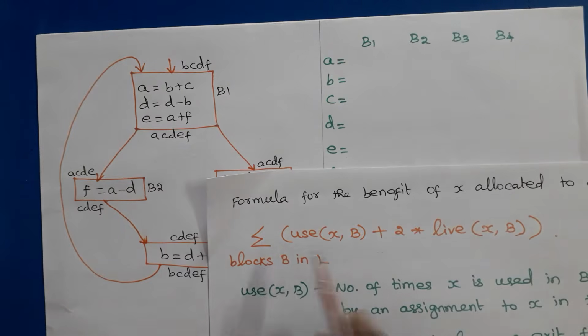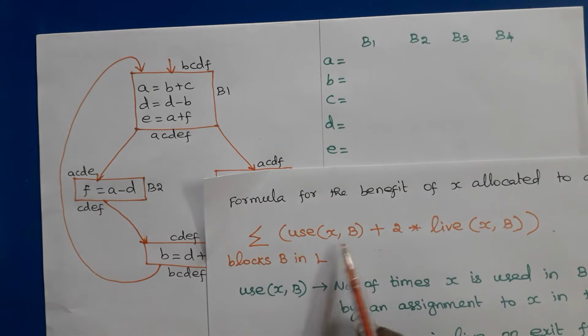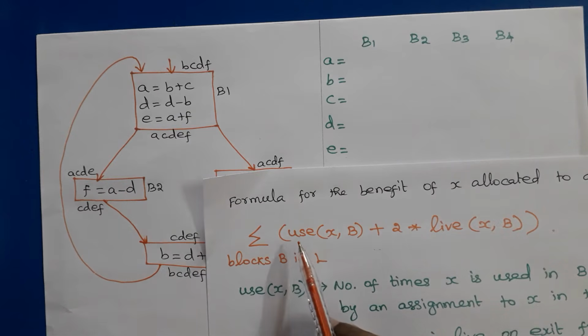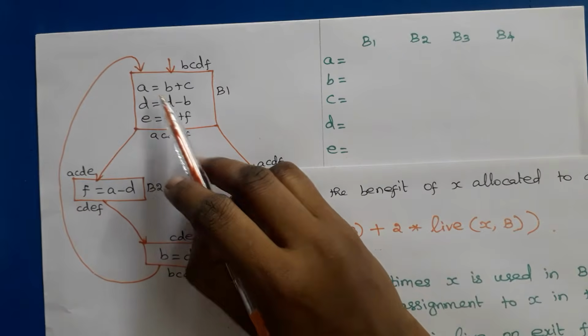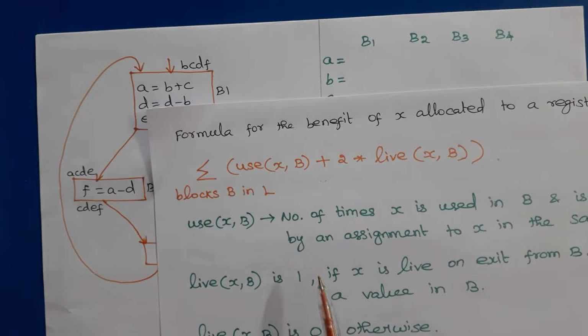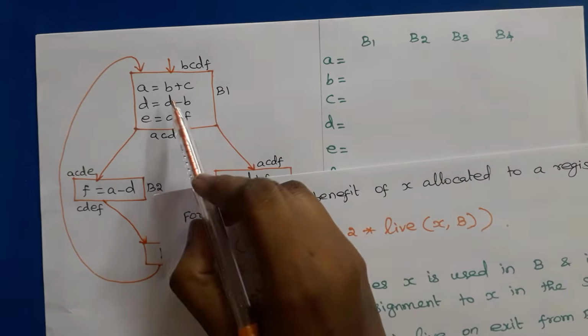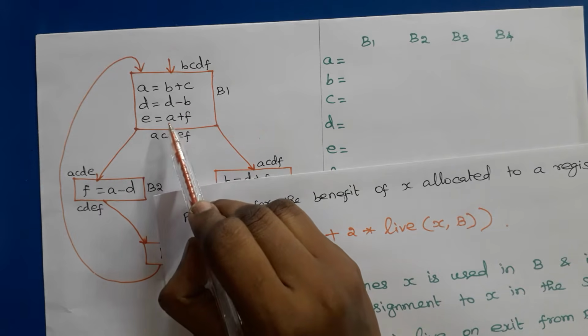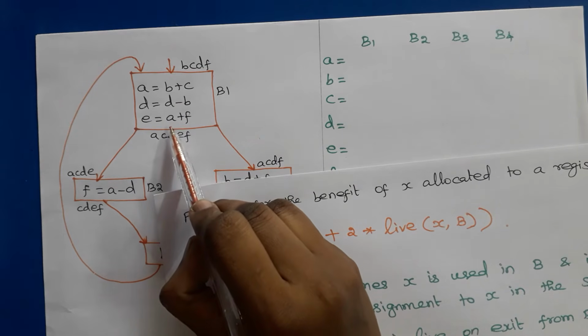So first we need to find use of x comma b. Here x is the variable a. So we need to find use of a comma block B1. Use of a comma block B1 means, how to find use: number of times x is used in b and it is not preceded by an assignment to x. So here a is used, and used means it should appear in the right hand side of the equation.